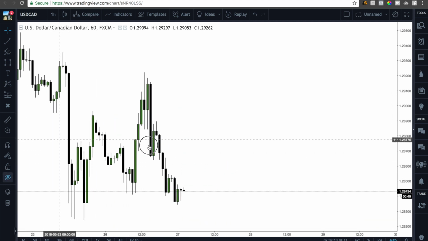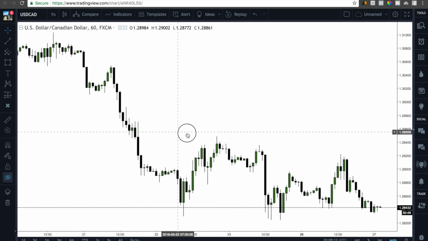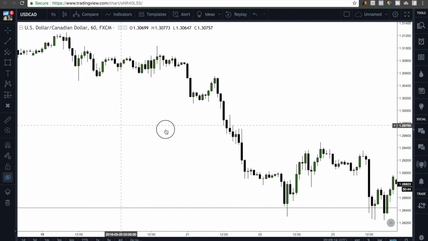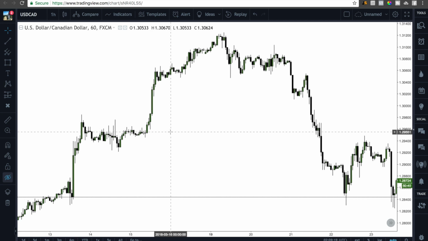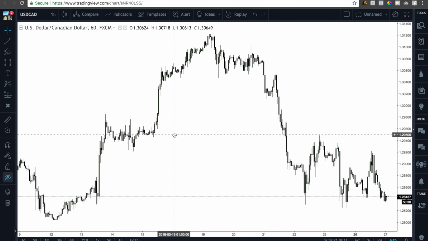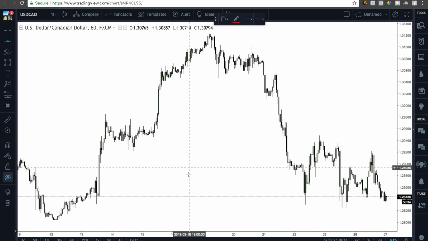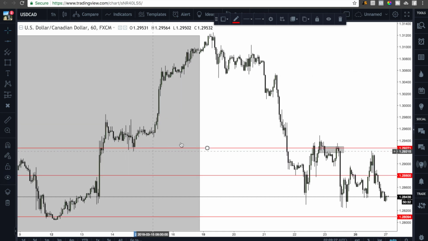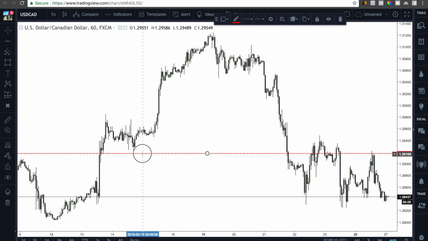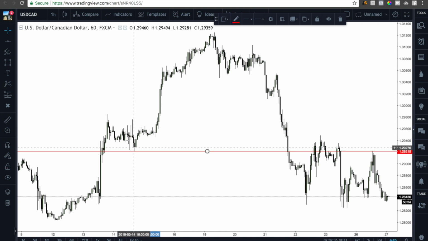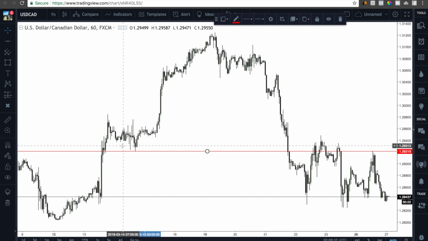Okay. So if we take a look at this chart, we can see right here, whoa. All right, right here was a level of support, right?